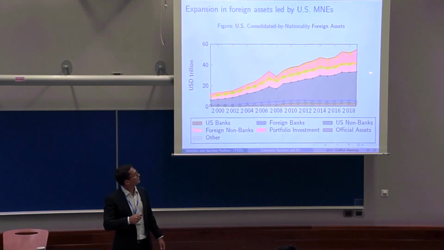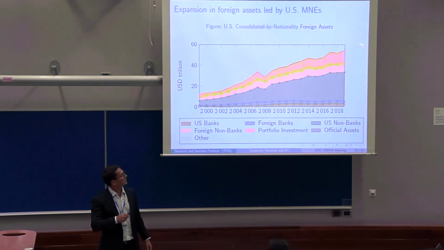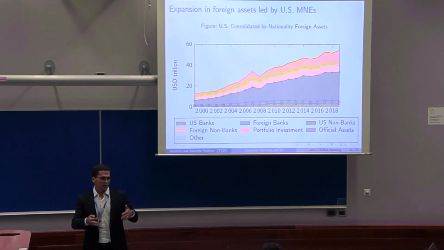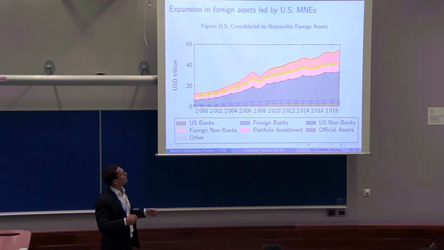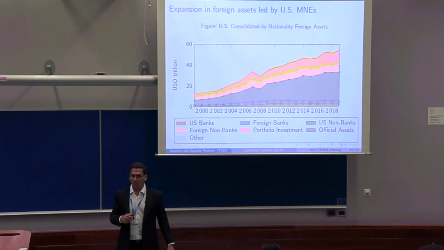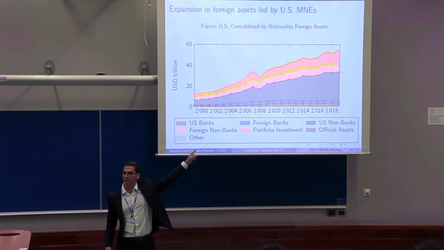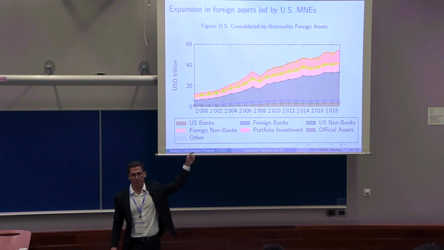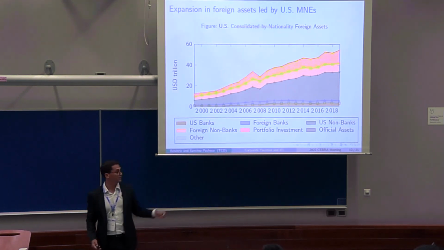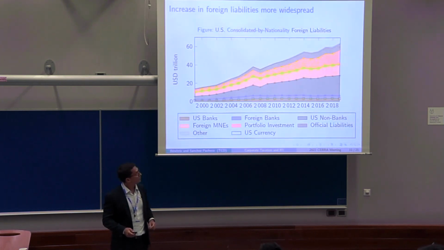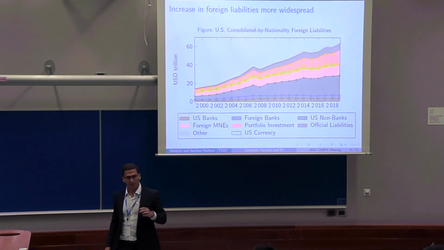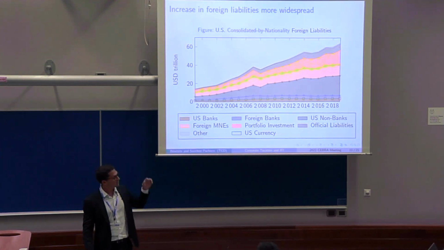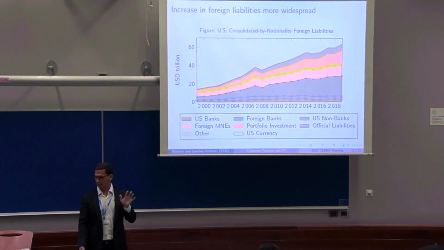Not only is the gray area the largest area here at the end of our sample, the single largest source of US international financial integration, but you can also see that this growth in US consolidated foreign assets is mostly driven by the gray area, by these non-bank multinational enterprises, during this 20-year period. Here we are showing the evolution of US consolidated by nationality foreign liabilities, and you can see that the increase in foreign liabilities is more widespread across categories.